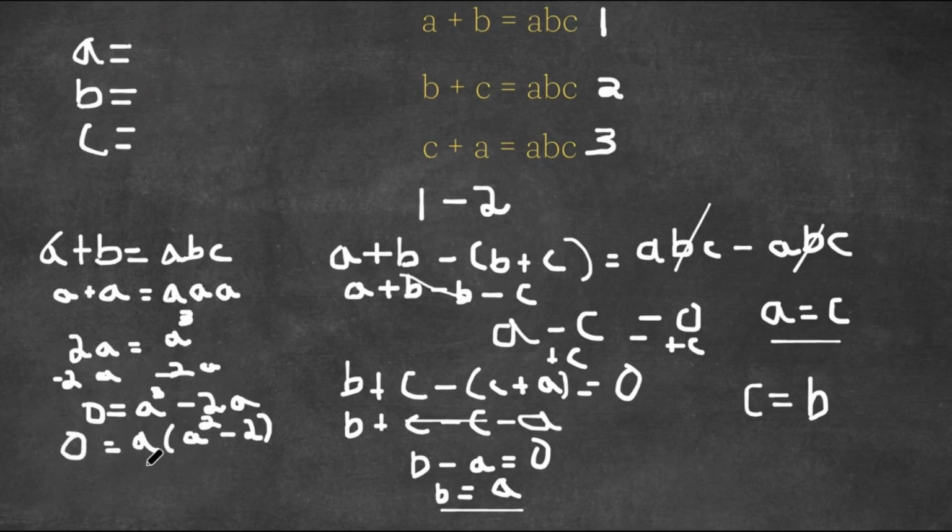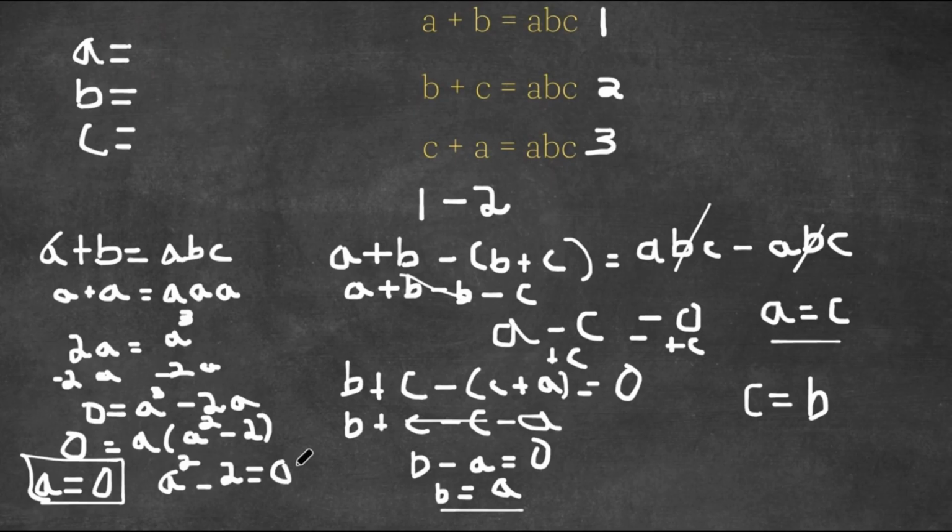So now this gives us two equations. We have a equals 0, which is a solution already. So this is one solution. And we also have a squared minus 2 equals 0.